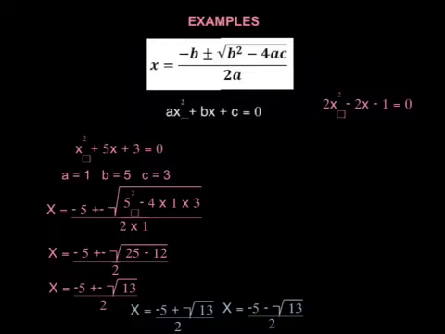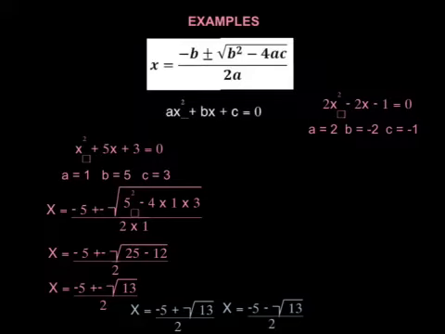2x squared minus 2x minus 1 equals 0. Okay, so let's have a look. We should have a is equal to 2, b is equal to minus 2, and c is equal to minus 1. Just for your reference, I've popped in what a, b and c equal just below.